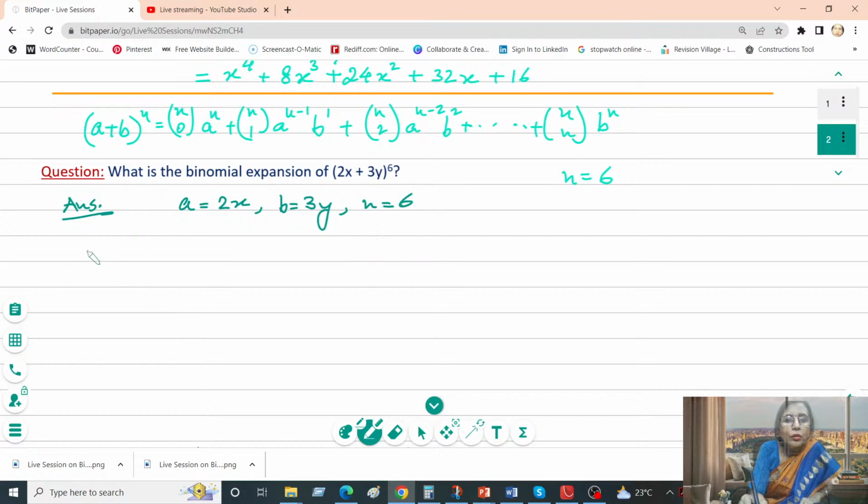So (2x + 3y) to the power of 6 should be equal to, the first term's coefficient is 1, so I'm not writing 1.